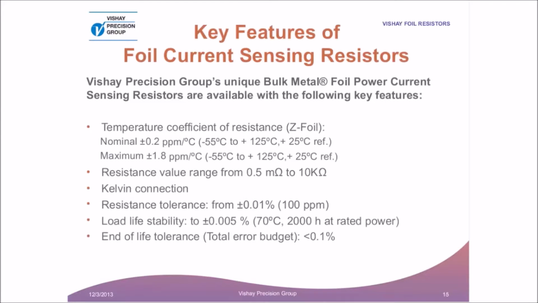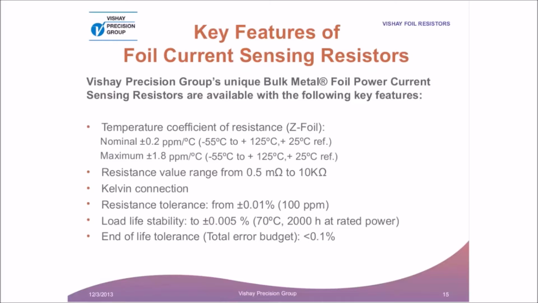Okay. So, summarizing those features that we've just talked about, and looking at the key features of foil current sense resistors, we can see that our resistors perfectly meet the requirements of power current sensing.